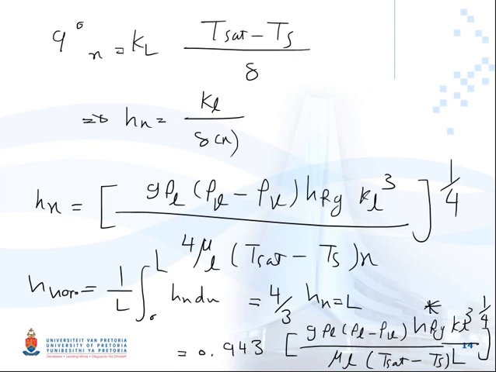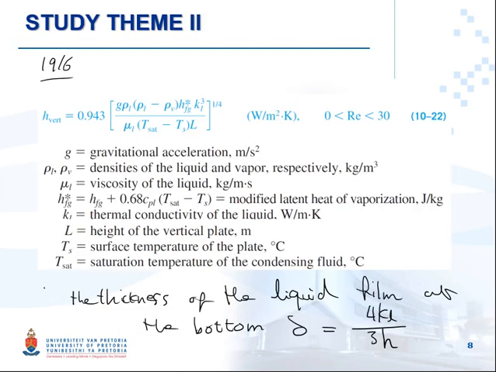So now we have the correlation here. It's exactly the same as boiling, but we need to go to the table and read Tsat or Ts. They are numbers, but how about rho L, rho V, HFG, KL, or the viscosity of the liquid?